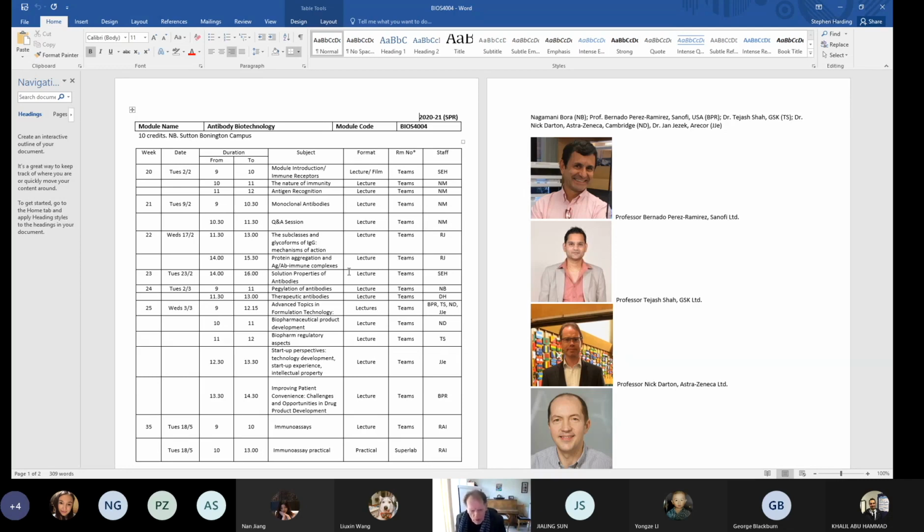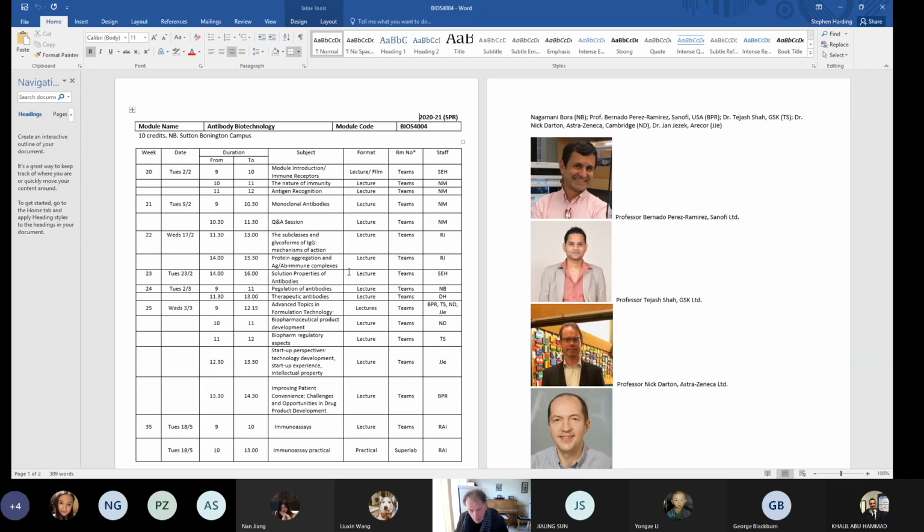So we want to now look at the principal methods used to establish if the antibodies are aggregated or not, and also to check on the conformation of the antibodies.